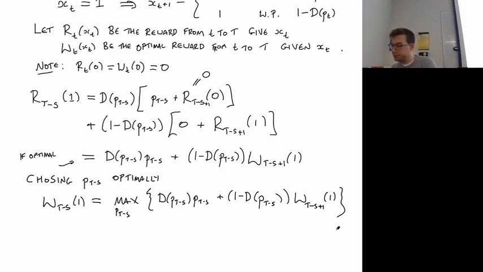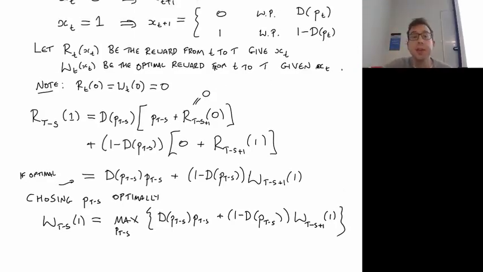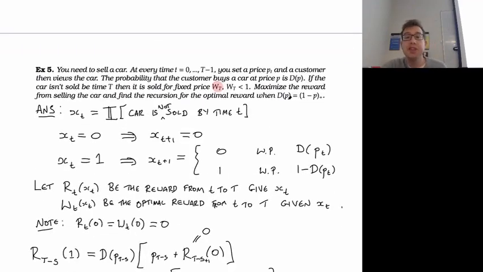Okay. So now I'm just going to make some substitutions. Notice at the beginning of the question I assumed that d of p had a specific form, 1 minus p.